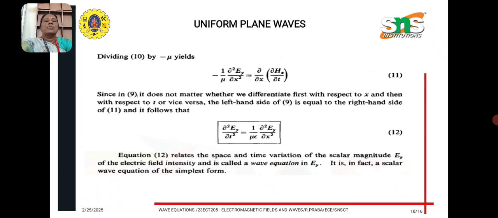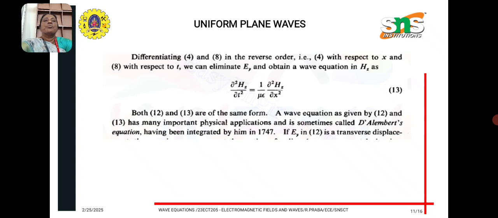So this is equation number 12. This relates the space and time variation of the scalar magnitude of Ey of the electric field intensity and is called a wave equation in terms of Ey.